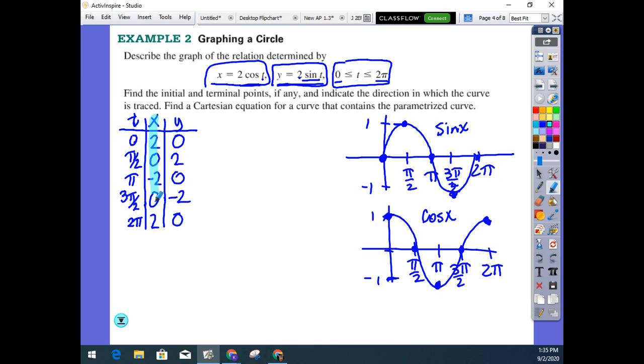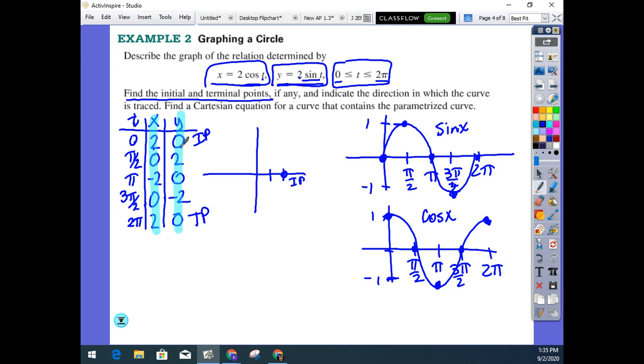So we're going to use our x and y coordinates. So 2, 0. This is my initial point. See how it says find the initial and terminal points? You can either mark that in your table or you can mark it on your graph.